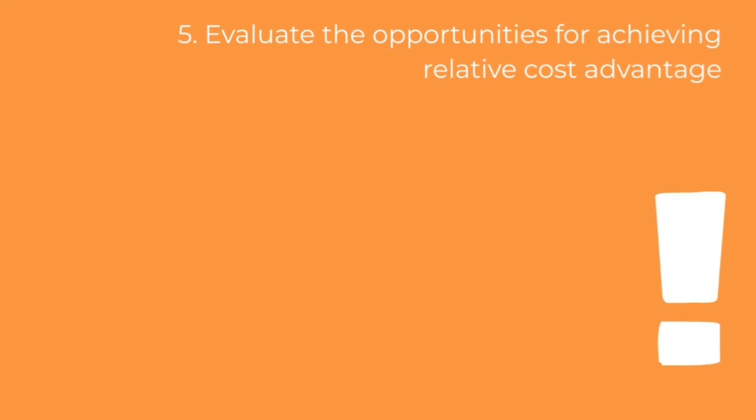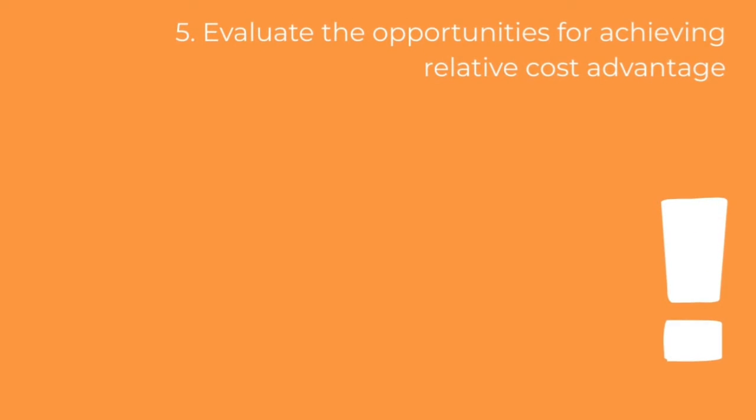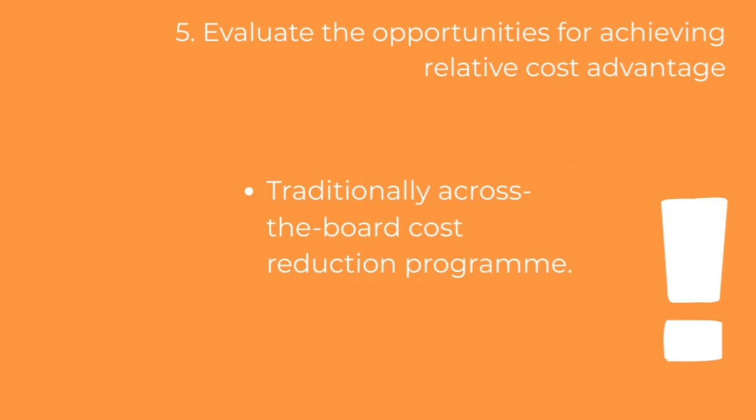Evaluate the opportunities for achieving relative cost advantage. Traditionally, firms and businesses have adopted across-the-board cost reduction. Across-the-board cost reduction means cost reduction in all the departments and at all levels. For example, reduce cost under all heads by 15%.